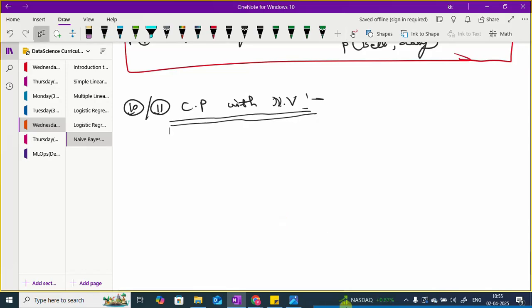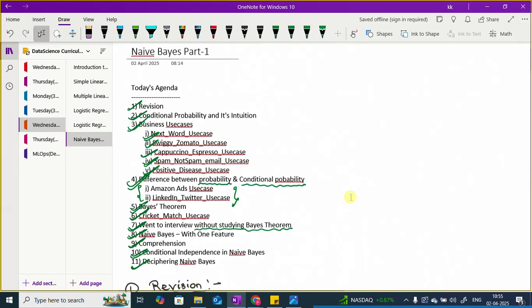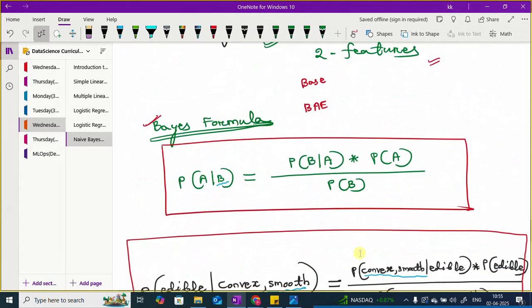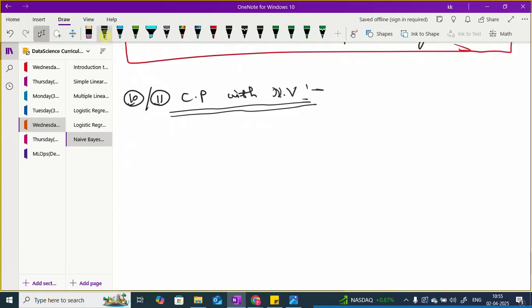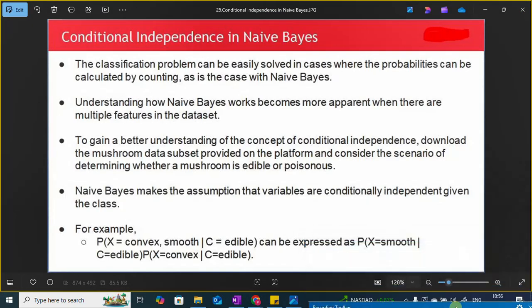Let me go to my PPT. Not conditional probability, but conditional independence. Okay, fine. So let me go back to my PPT. Yeah, you can see conditional independence in Naive Bayes.